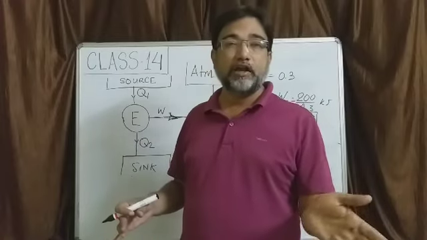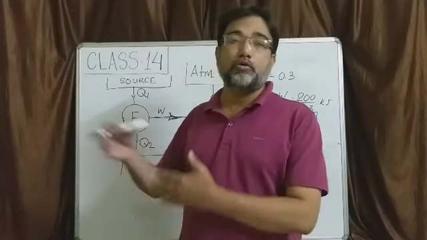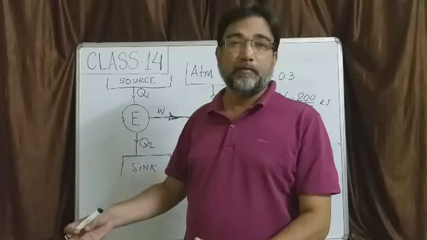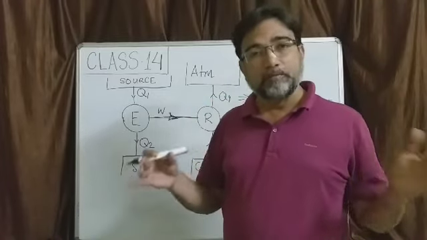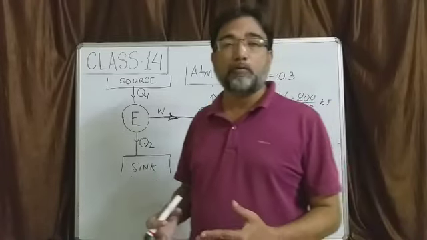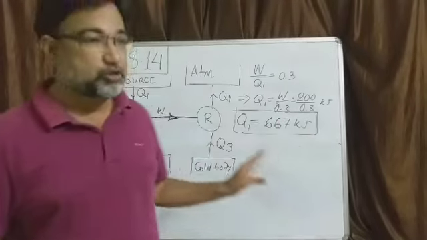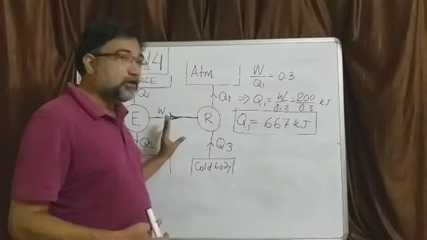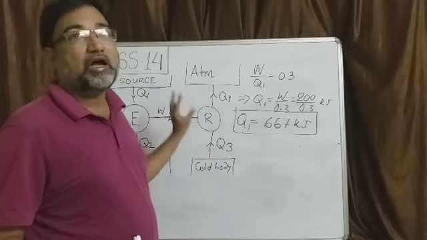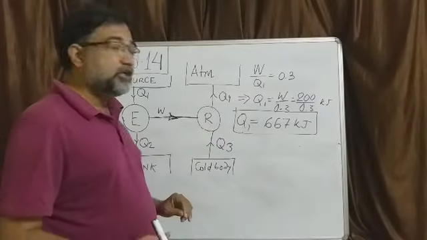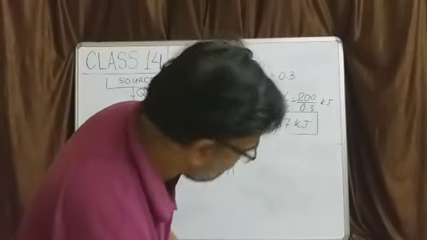Maybe partly to drive a refrigerator and mostly for some other thing. So there may be situations, and you have to understand the language of the problem. I solved the simplest one, where all the work generated in the engine goes to the refrigerator for it to be driven.